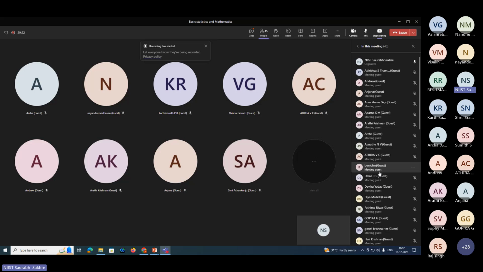Can you please define what a variable is? Sir, a variable is something that can be measured, that can assume different values.